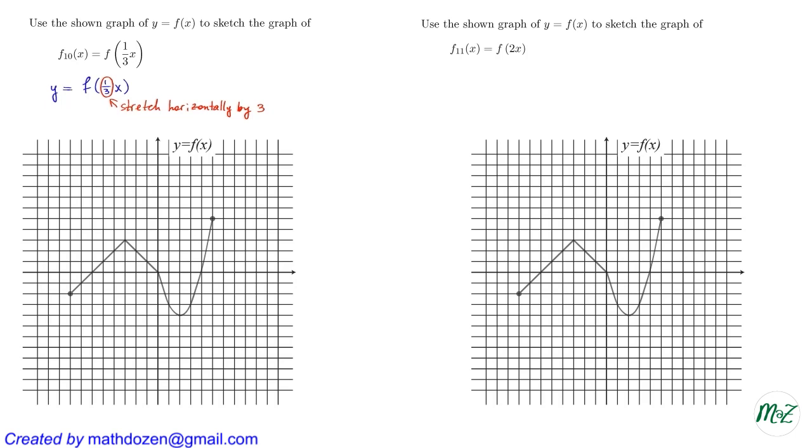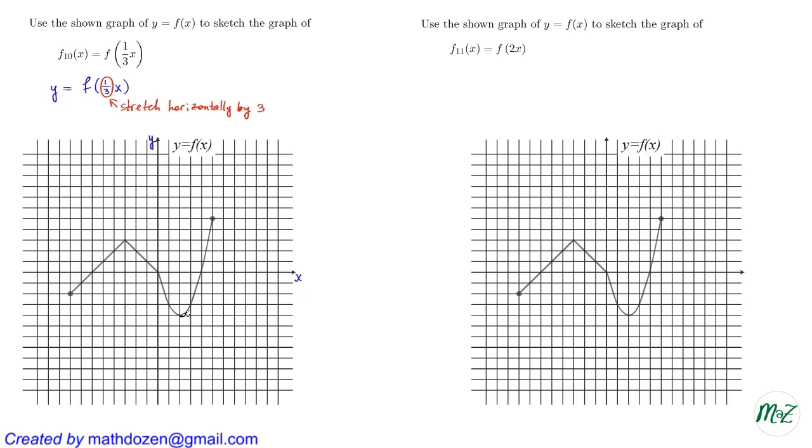So the x direction is always working in the opposite way of the y direction. So you take the graph of the original function and you're going to multiply the x-coordinate of every point by 3. So the x-coordinate of this right-hand point is 5, so multiplied by 3 you're going to get 15, so it's going to be off the charts.